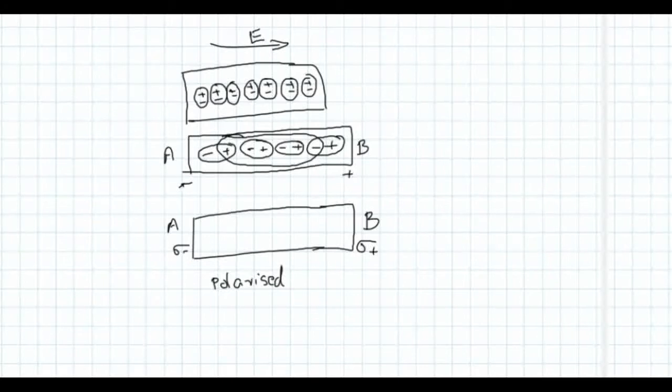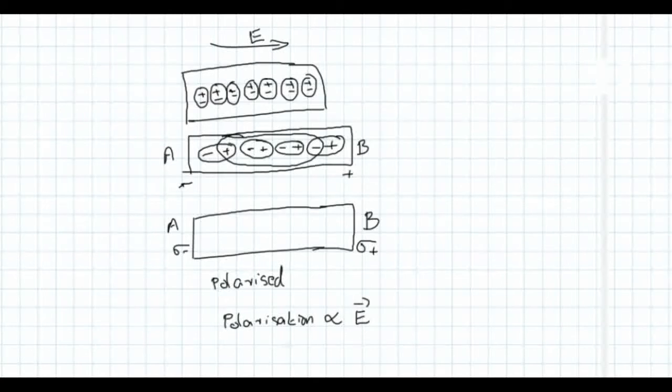And it is very clear that this polarization will depend on the electric field. If the strength of the electric field is very high, the polarization will be very quick, right? There will be more elongation for these charges here. And if the strength of the electric field is very feeble, then there will not be much shift for the positive and negative charges from their centers, and there will not be an effective polarization if the electric field is weak.